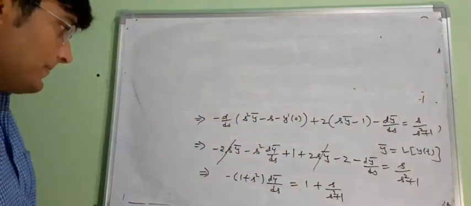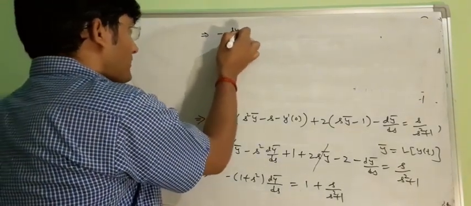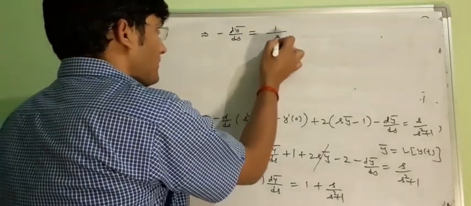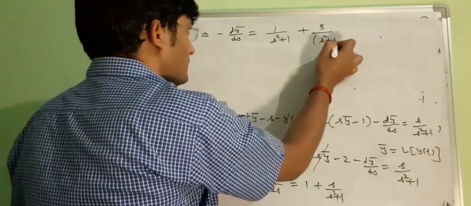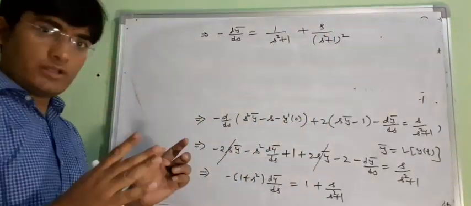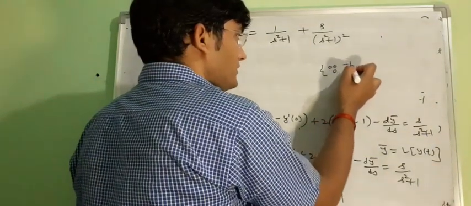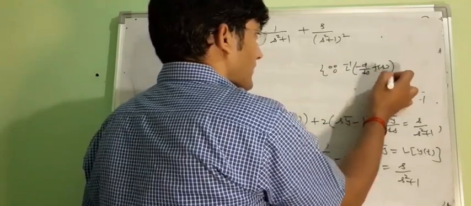So minus dy bar upon ds will be equal to 1 upon s square plus 1 plus s upon s square plus 1 whole square.